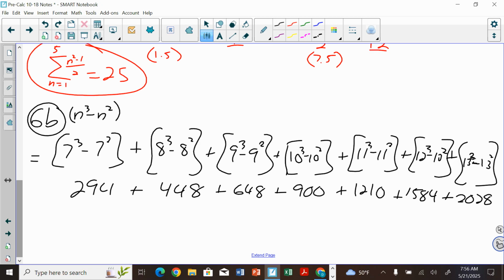So when I add all those up, it comes out to 7,112. Okay, so again, another way to write that in sigma notation: n equals 7 is the lower bound, 13 was the upper bound, and then our function here was n cubed minus n squared.